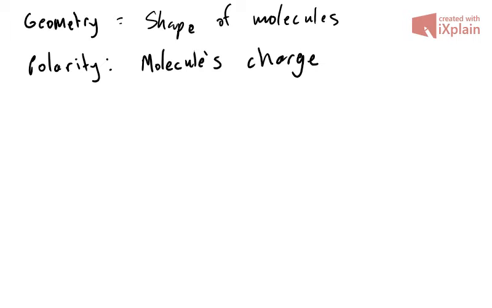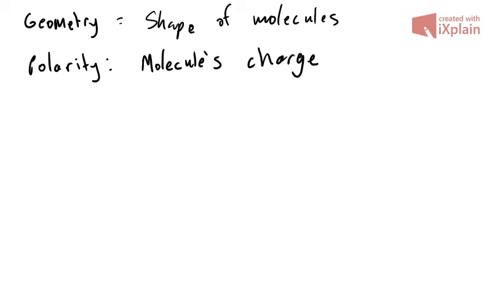What are our two charges? Positive and negative. So, if a molecule is polar, that means it has a section of it that is positive and a section of it that is negative. Does that make sense?